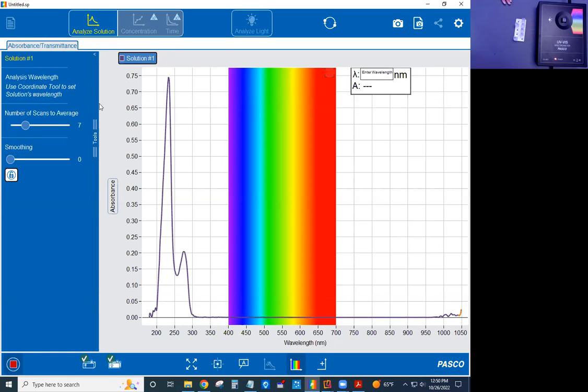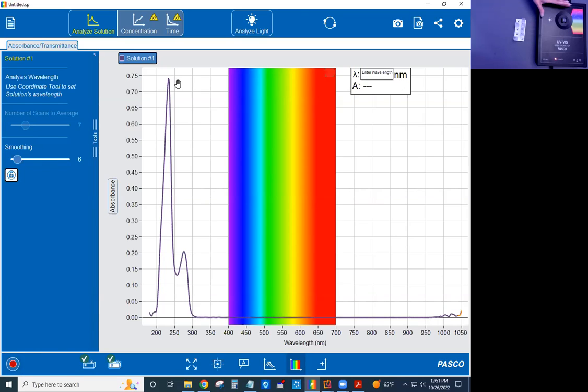You'll notice it gets more stable as I increase the number of scans to average. If I increase the smoothing, that's also going to broaden the peak a bit. So if I've got a peak that's dancing left to right a little bit, even though it's averaged, if I increase the smoothing, that'll flatten it out a bit. I don't want to do too much, so I think this looks good. I've got a nice stable peak that is varying a little bit, but not too much. So I'm happy with the smoothing and scans to average. I'm going to hit stop, and it stopped recording.